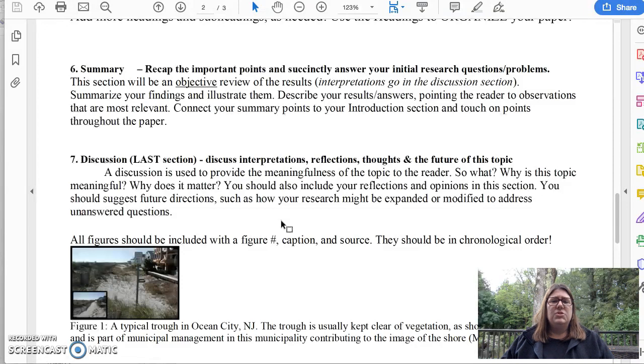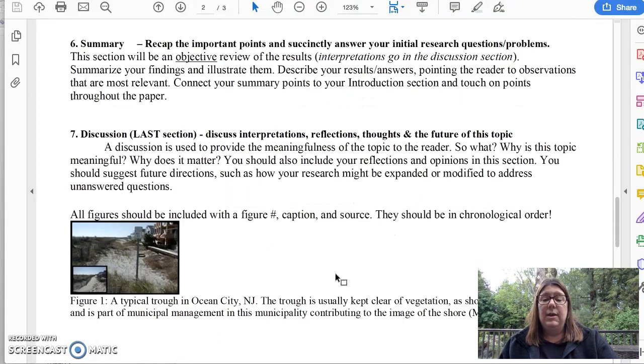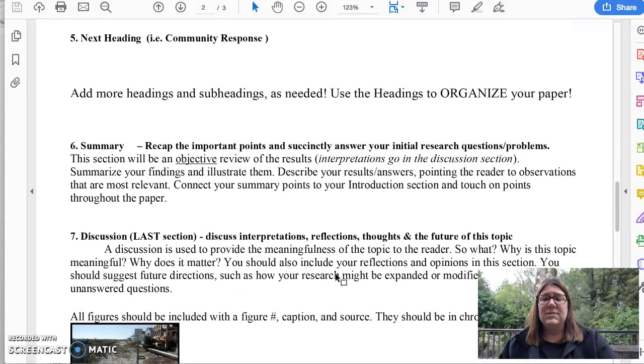Maybe your research didn't go exactly as planned, so you talk about how to further investigate one of your research questions that it just didn't go as well and it needs further research, right? Things like that. So your discussion can be quite long. It can be up to a full page, even in a single spaced paper, okay? So those are your headings.